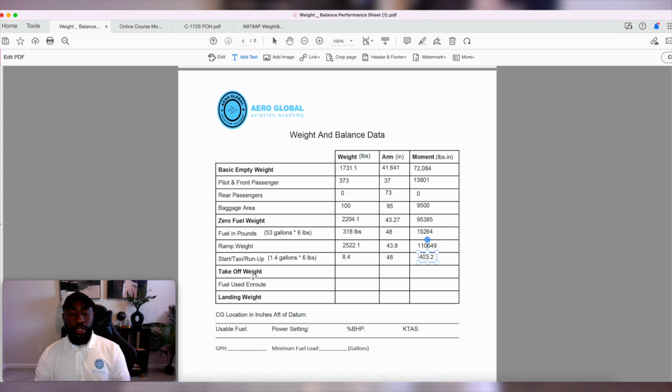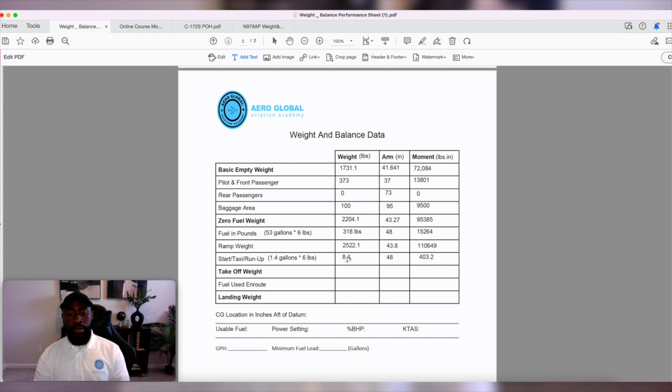And then the next thing is the takeoff weight. So how do we get the takeoff weight? Up until this point, we calculated our ramp weight and we calculated how much fuel we're going to burn to get to the runway before we take off. So all we need to do is subtract the weight for the start, taxi, and run up from our ramp weight to get the weight of the aircraft when we're about to take off.